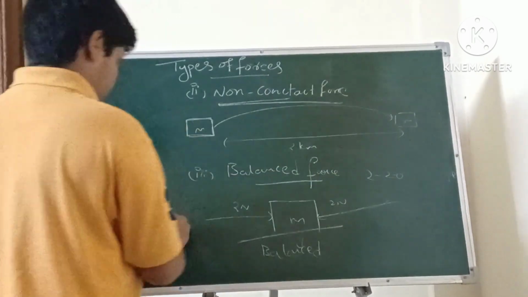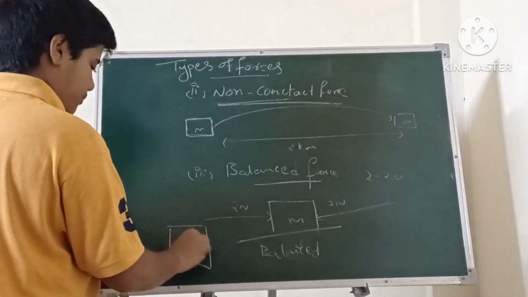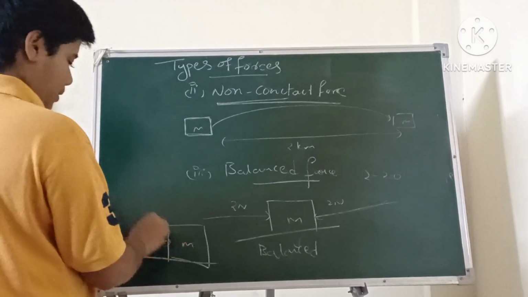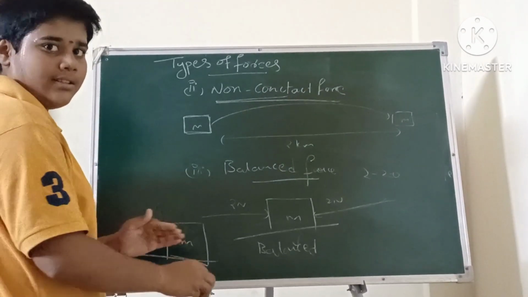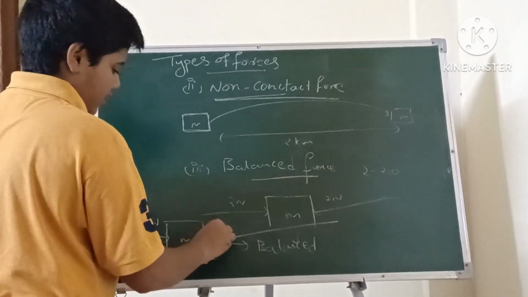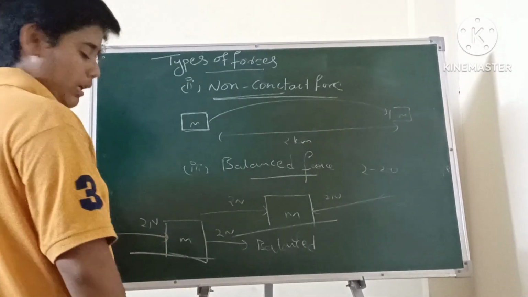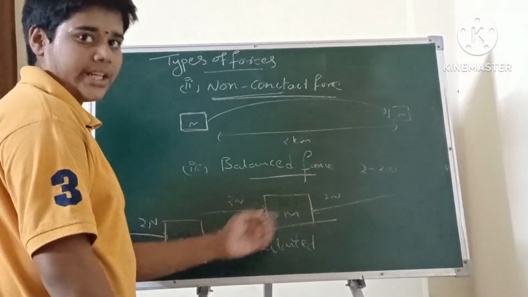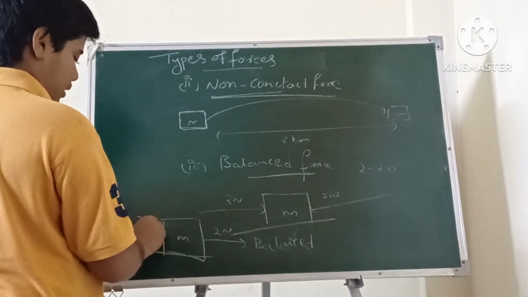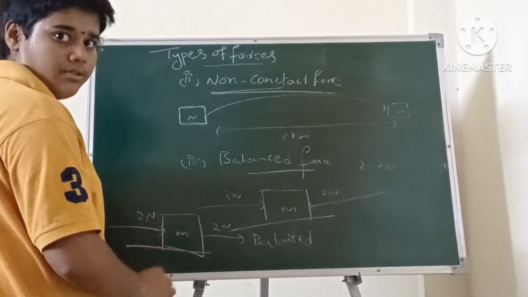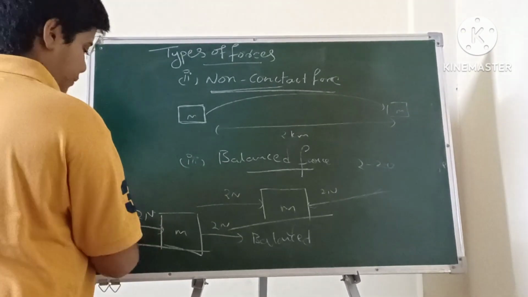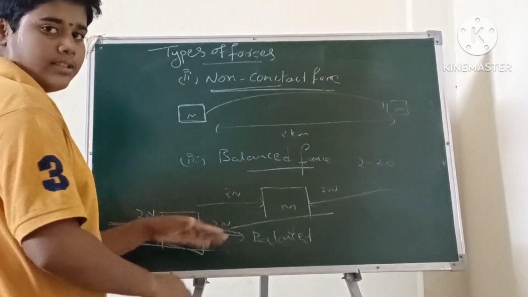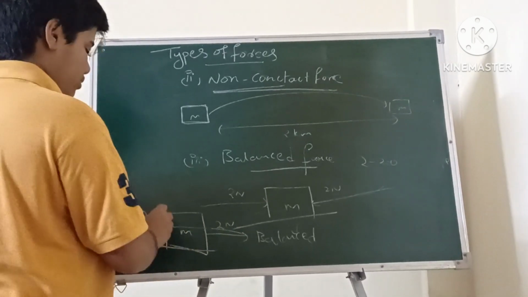I am taking this is an object. I am applying some force 2 newtons on this direction and on this direction I am applying 2 newtons. Both forces are in same direction, so we have to add 2 plus 2, 4 newtons. If both forces are in same direction, we have to add.